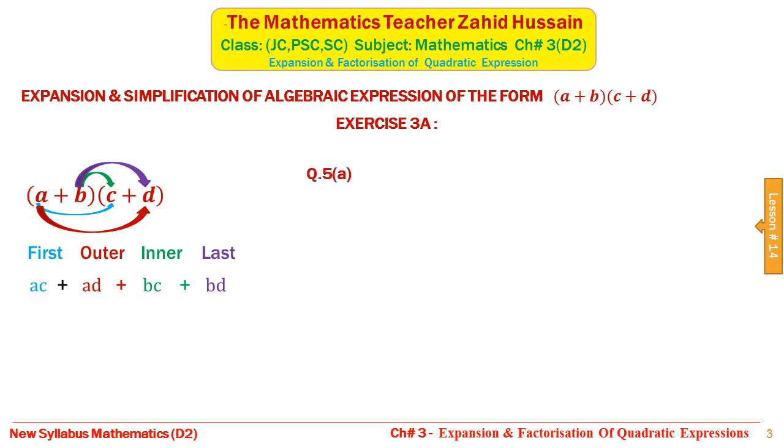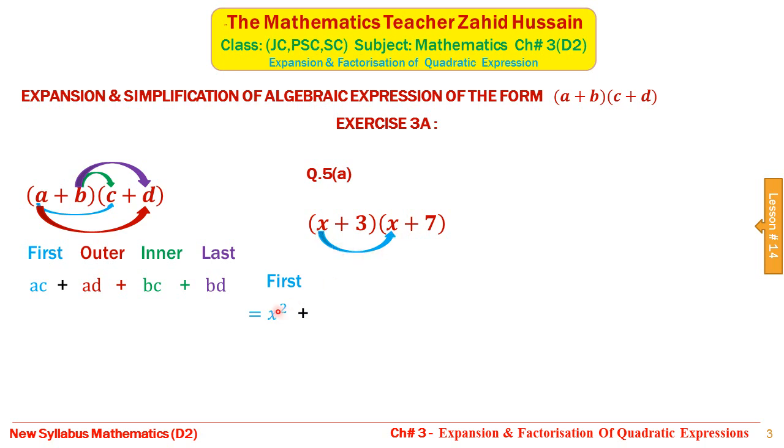This is exercise 3a and it's question number 5a part, which is this. It has two brackets. Within bracket there is an expression and each expression has two terms. So using this rule, we will take the first term of the first bracket and we will multiply this with the first term of the second bracket.